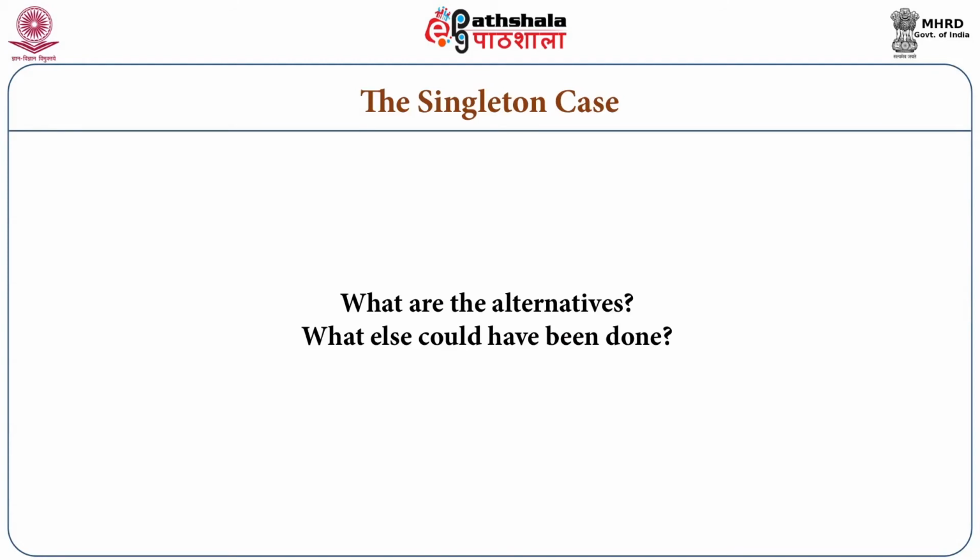Given that, as I had mentioned before, the usual conditions under enforcing medical treatment, the three conditions that I had mentioned, two of them were in doubt. This case has raised a great deal of debate amongst legal philosophers and moral philosophers. What are the alternatives? What else could have been done?